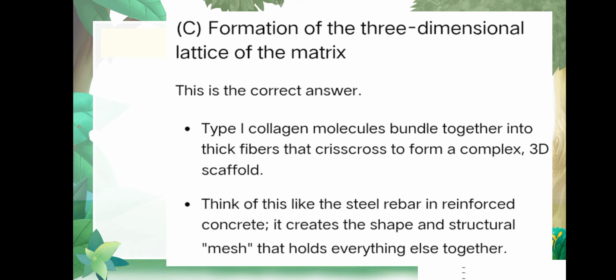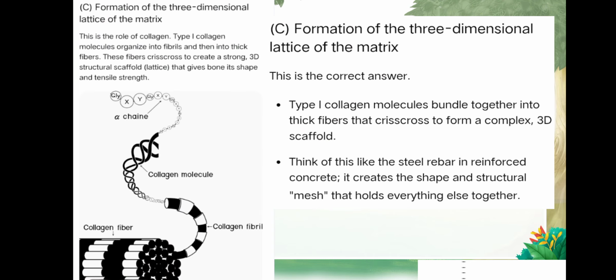Option C, formation of three-dimensional matrix, is the correct answer. See, collagen makes a fiber-like structure, isn't it? We have talked about collagen in much detail in question number 53, just one question above. So formation of a structural support is what the collagen does, and this is the correct answer, that is formation of three-dimensional lattice of the matrix.